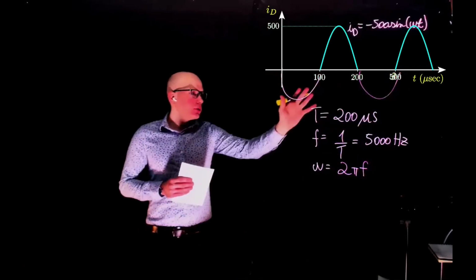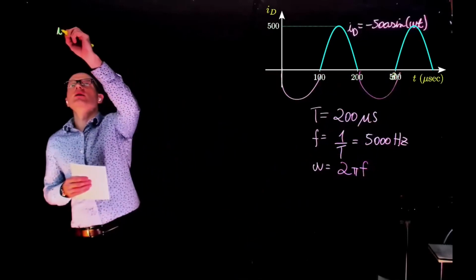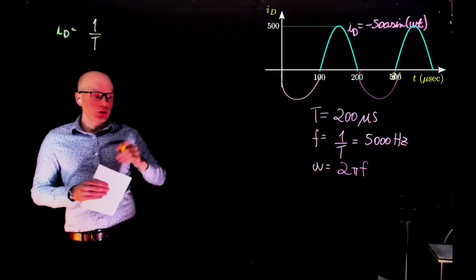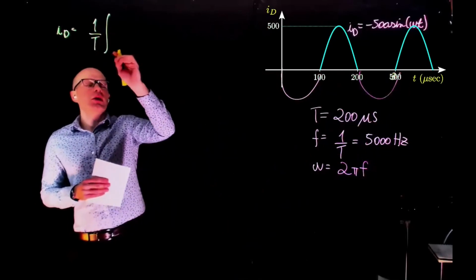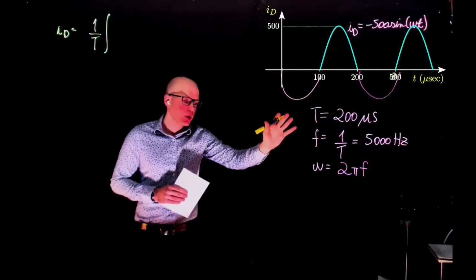Okay, so now we can do the average current through the diode. The average current now is 1 over T times the integral of the diode current through one period.